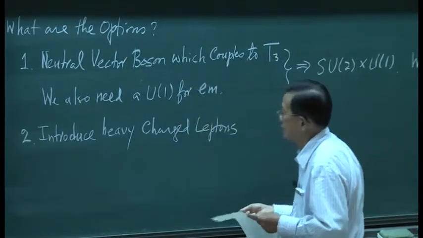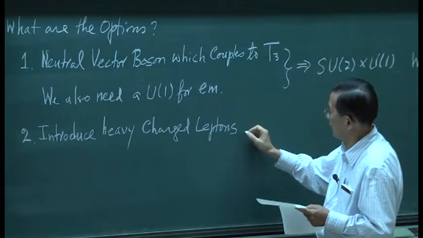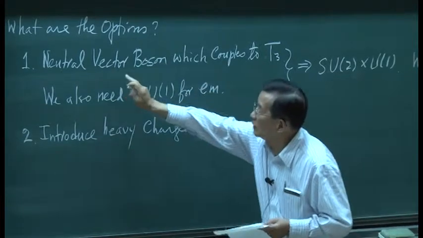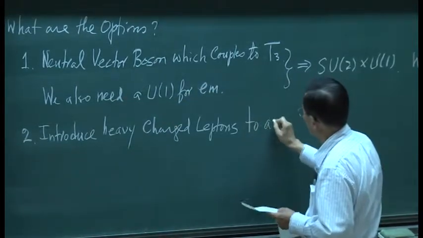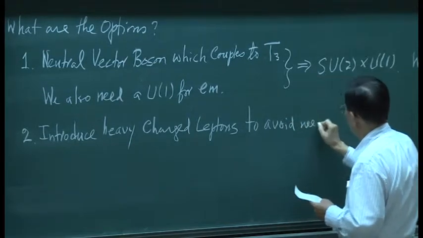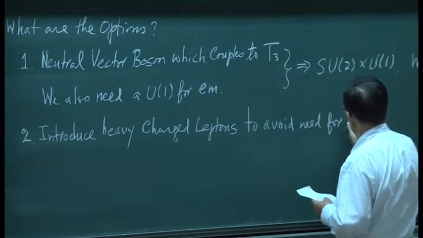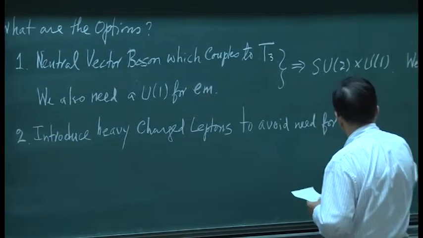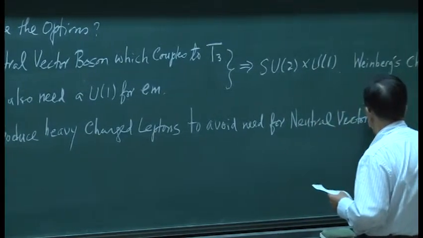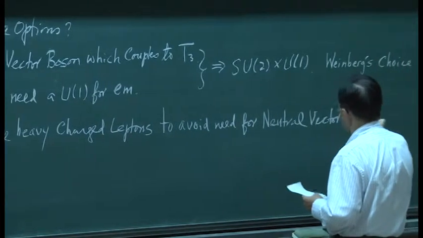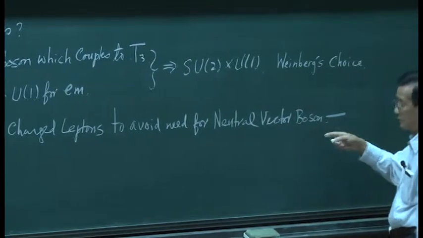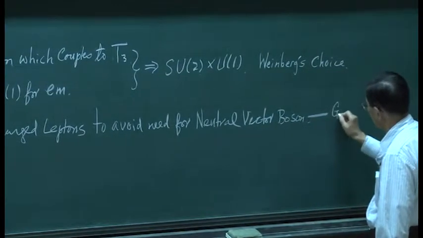I'm not going to discuss it in detail, except to say that if you do this, then you don't need the neutral vector bosons, so it's to avoid the need for a neutral vector boson. And this was a suggestion proposed by Georgi and Glashow.